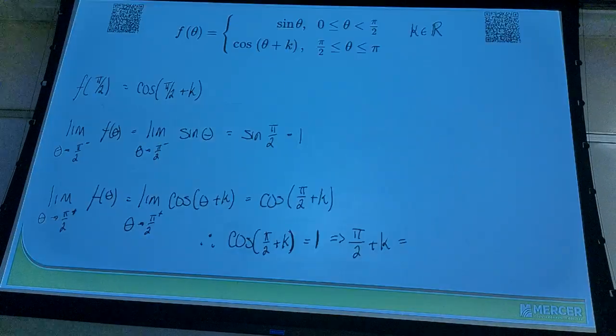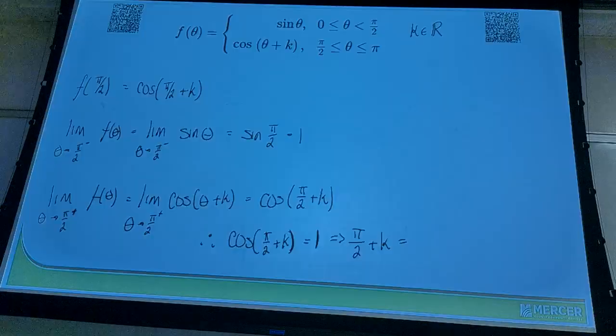Cosine pi would be minus 1. Where else? There are infinitely many.